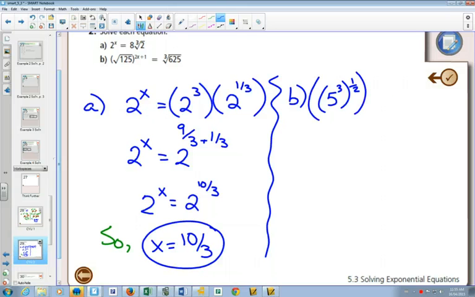And then we still have 2x plus 1 outside. If you want to do that in 2 steps, if you want to just do the 5 cubed first and keep it in square root, and then do the half after, you could. On the other side, the 625 is 5 to the 4, and the cube root will be to the power 1/3.